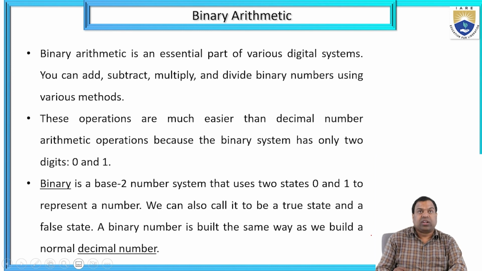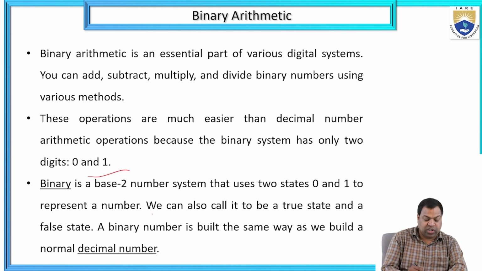Binary arithmetic is an essential part of various digital systems, and we can add, subtract, multiply and divide binary numbers using various methods. These operations are much easier than decimal arithmetic operations because the binary system has only 2 digits, that is 0 and 1.